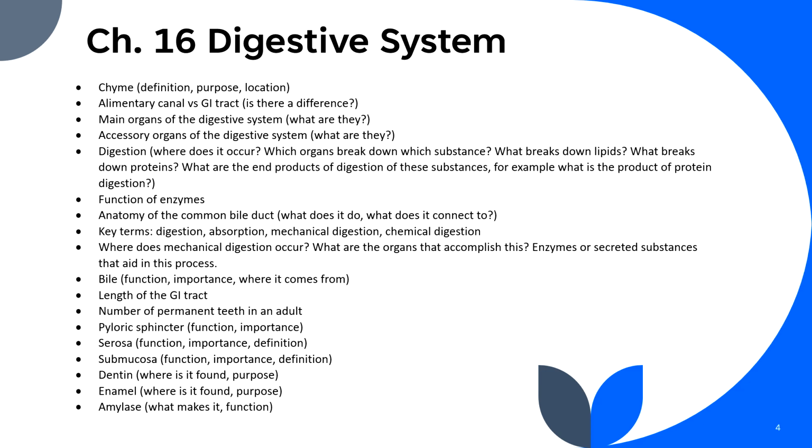Anatomy of the common bile duct. What does it do and what does it connect to? We can see this on page 373. We can see that the cystic duct and the hepatic duct join to form the common bile duct. Our cystic duct leads to the gallbladder.